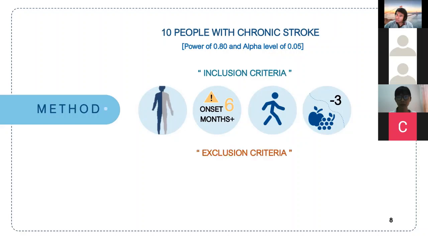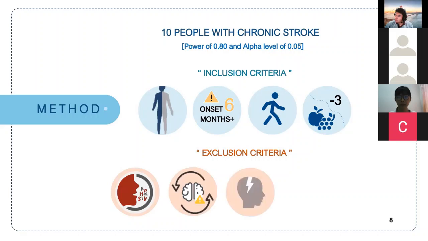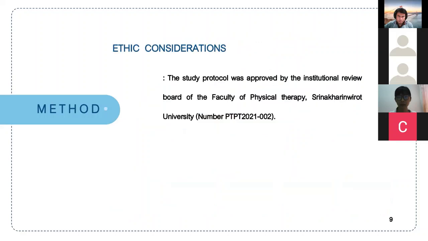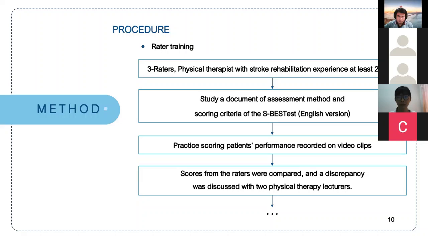The participants were excluded if they had aphasia, recurrent stroke, any neurological disorder other than stroke, other disease or condition that affected participant safety during a session of data collection, or pain that affected the ability to stand and walk on the day of the testing session. The study protocol was approved by the Institutional Review Board of the Faculty of Physical Therapy, Srinakharinwirot University in Thailand.